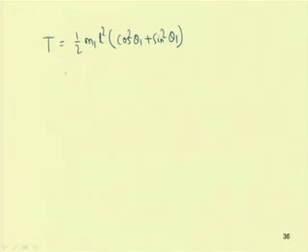Then for the second mass it will be half m2 L square.